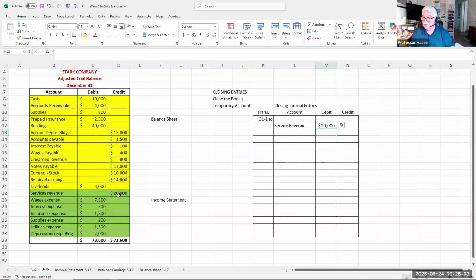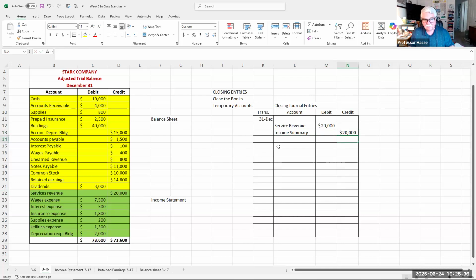That account now is closed. Where do you put the offsetting credit? It goes into another temporary account that you put in for closing entry. It's called income summary. Income summary is credited $20,000. I have now closed revenue. That account now is zero balance, and now I can see what my revenue is going to be in 2026.